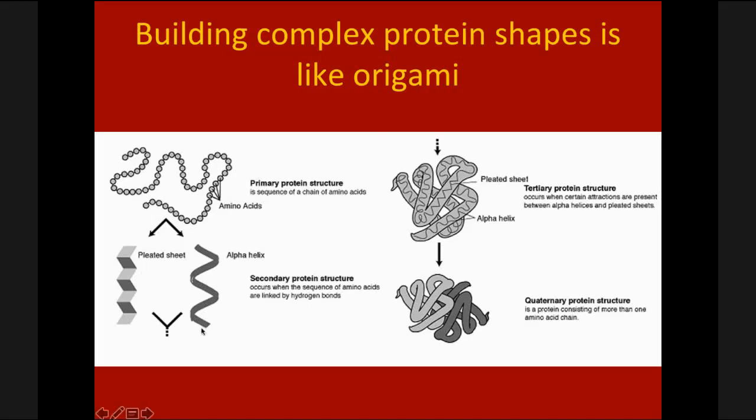And then you're going to have hydrogen bonds that start to form on their own. That's going to cause parts of the protein strand to spiral, like a curled ribbon. This is called secondary structure. You don't have to do anything. It's going to naturally happen once the primary structure forms. Cool?